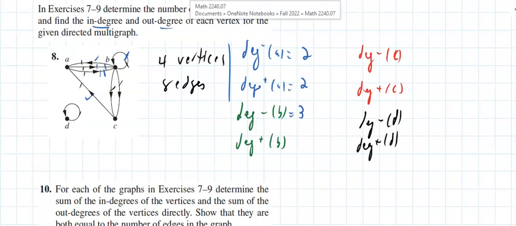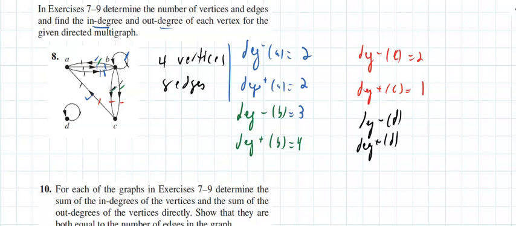And going out, the loop is 1, 2, 3, 4. If I look at C, coming in is 1, 2 of them. And going out seems there's only 1. And here, since it's a loop, 1 in and 1 out. And that's pretty much how this works.